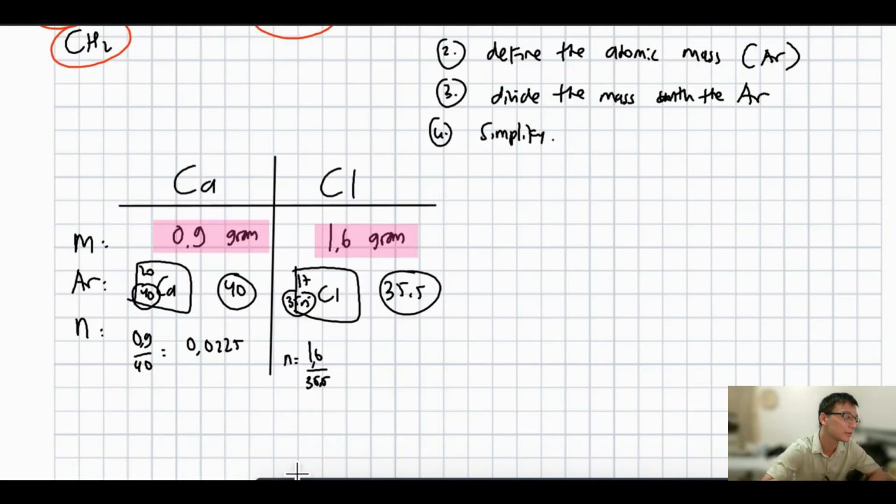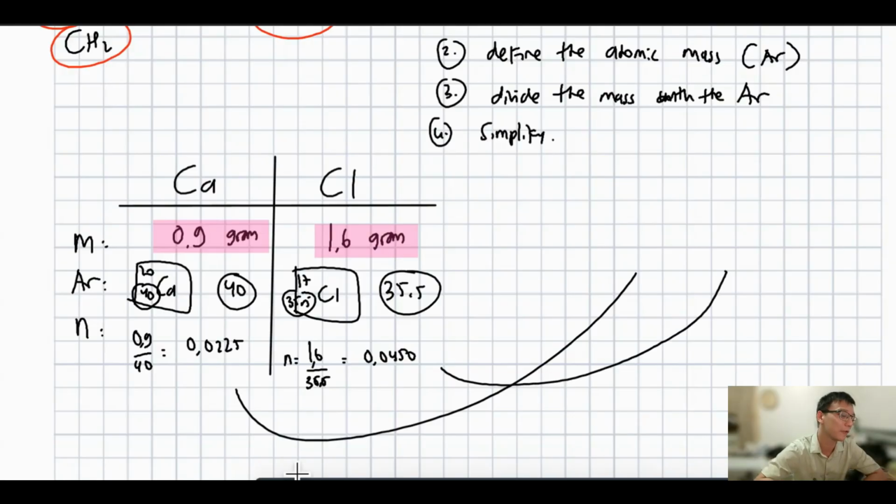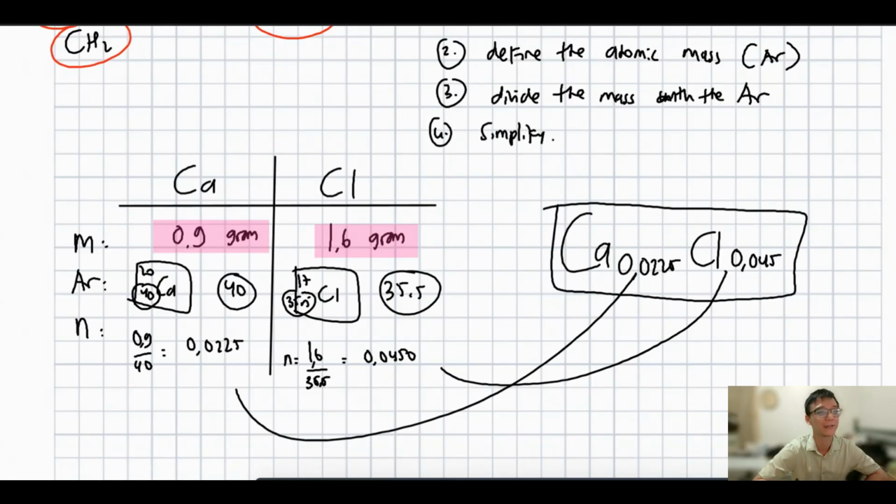Well, for this, it will become this number. So if you are asked to determine the empirical formula of Ca and Cl, actually it would be appropriate to write Ca 0.0225 and Cl 0.045.